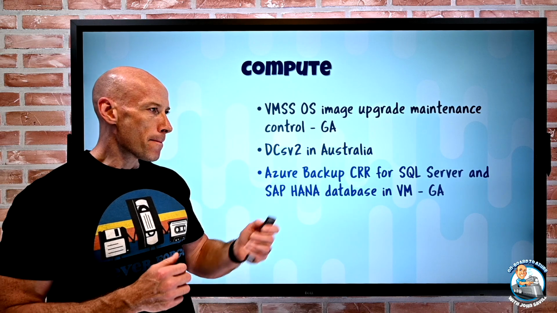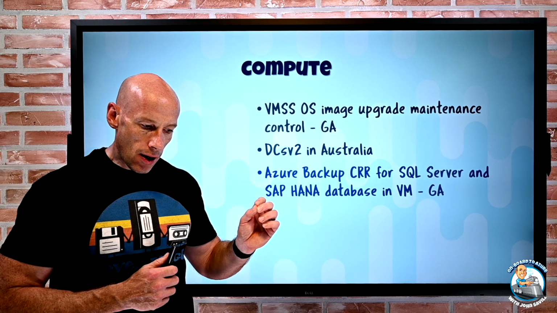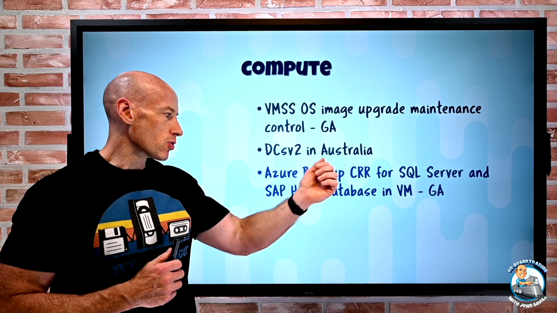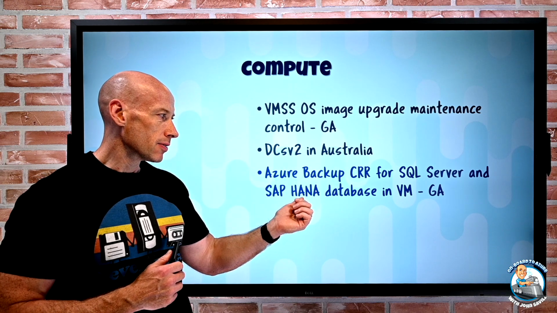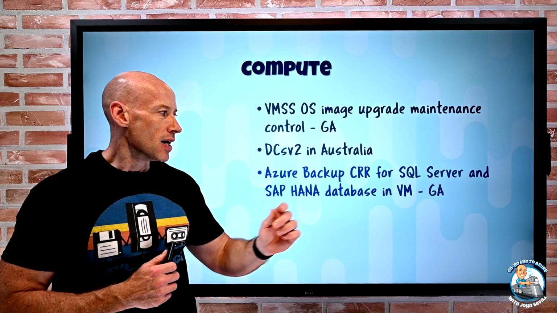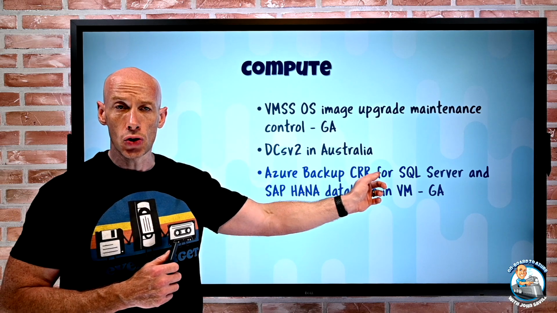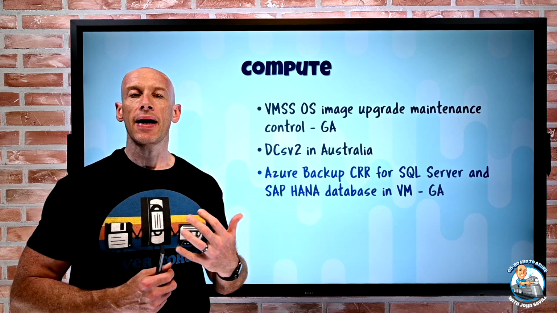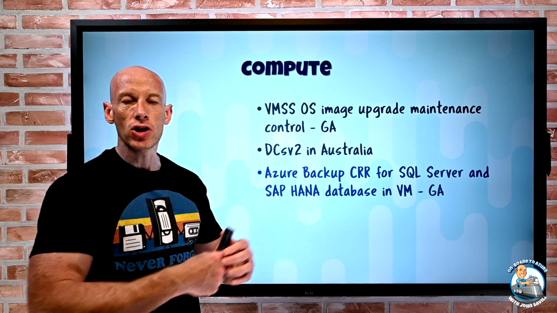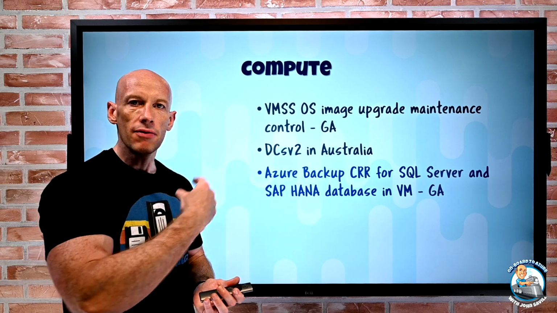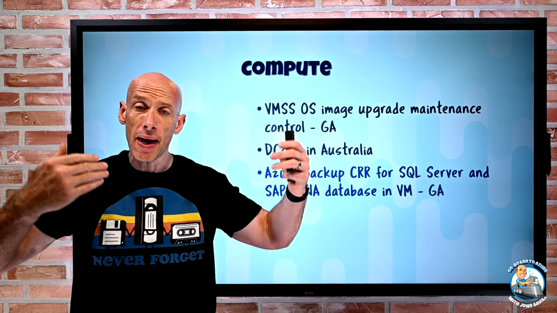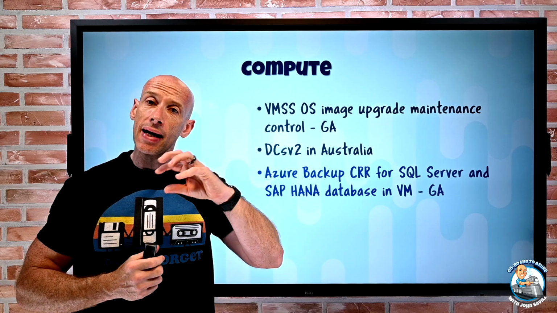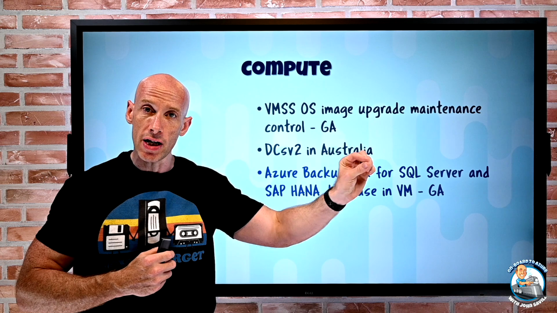And then Azure Backup CRR is now available for SQL Server and SAP HANA databases running in a VM. This is cross-region restore. If I think about Azure Backup, I back up to a recovery services vault, and I can have geo-replication, so with the Azure paired regions, that backup is also available in the paired region.